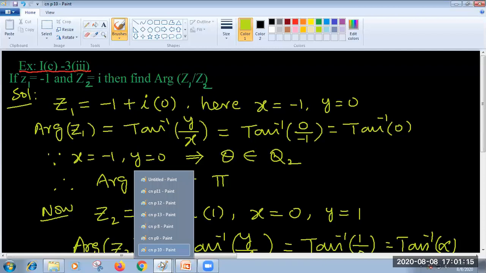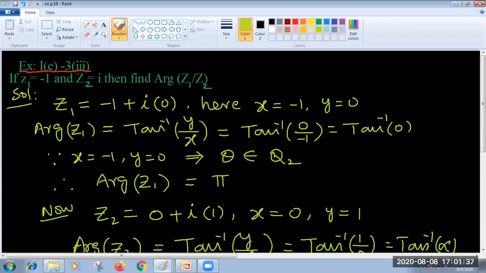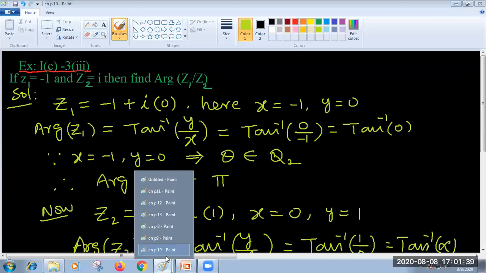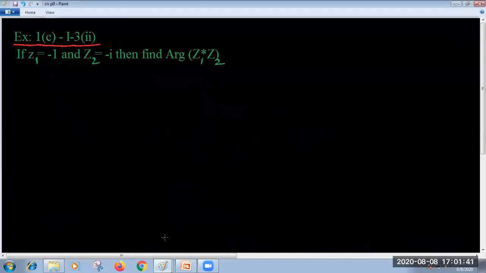I think time is running out. Now you can take the assignment, or we can go for one more problem. Almost similar to the previous one.